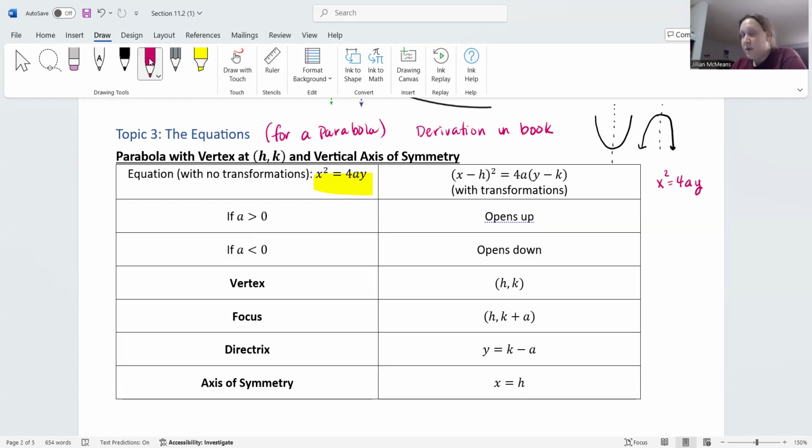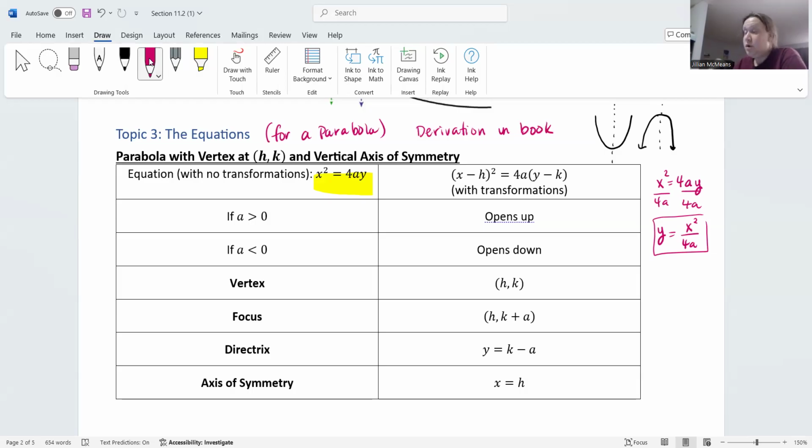When we were in 171, we were used to seeing these equations for parabolas that open up or down in the form y equals something. Well, I could take this equation right here and divide both sides by 4a. 4 and a are just numbers, right? So I could say, well, y equals x squared over 4a. This looks like what we're used to seeing. We're just not writing it in that format. We're writing it in this new format where we can pull some new information from it, okay?